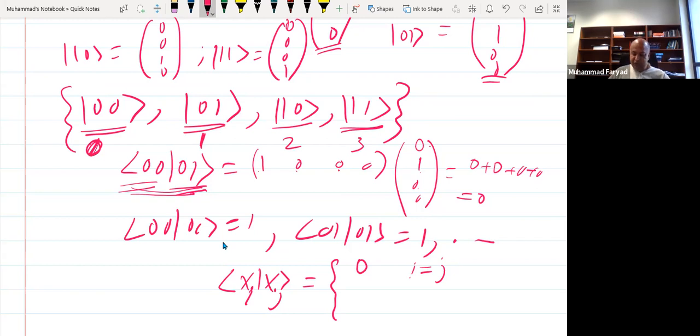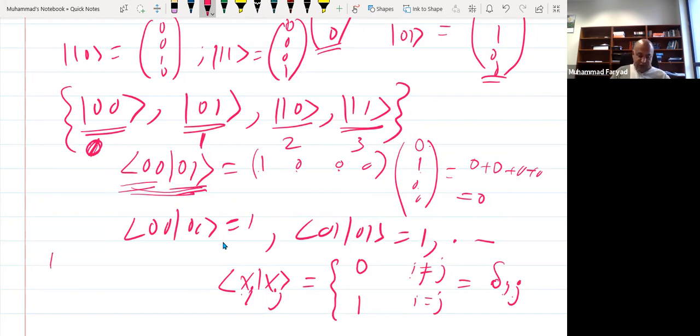So if i and j are not equal to each other, the inner product of these states is 0, and if they are equal, the inner product is 1. This is sometimes also written as delta ij. So the delta ij symbol is 0 when i and j are different, and 1 when i and j are equal.